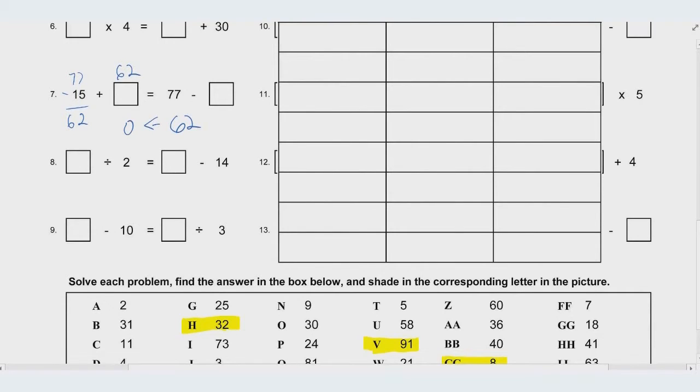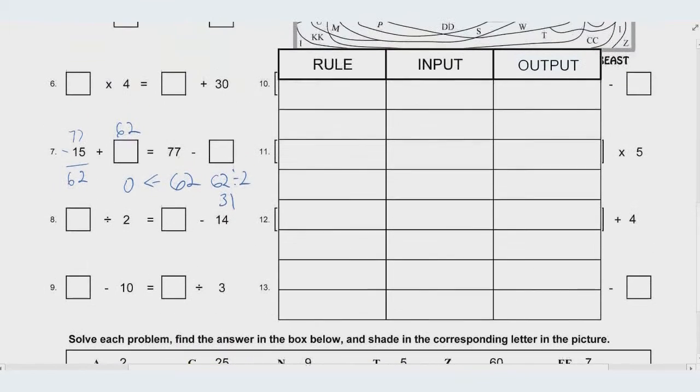Let's just pick 0. And again, I know 0 cannot be the answer, but I'm just picking 0 to help us out. So we take 62, divide it by 2, we get 31. So my guess is that the answer is going to be 31. So I put that in my input.